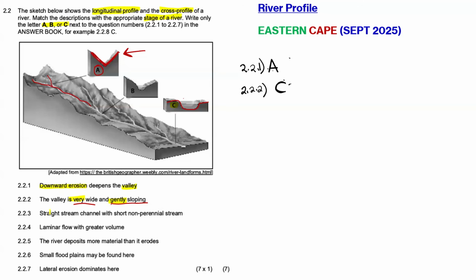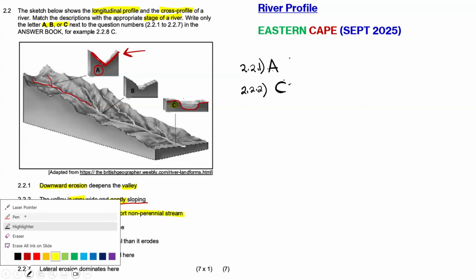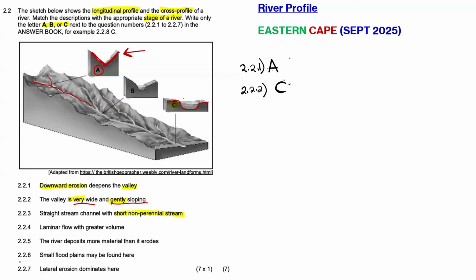Now 2.2.3. A straight stream channel with short non-perennial stream. There is a straight stream channel with short non-perennial. Yes? I think, I'm not sure. Maybe, isn't it C?